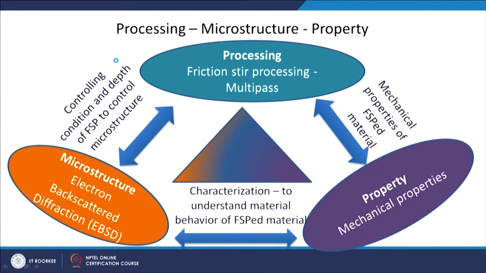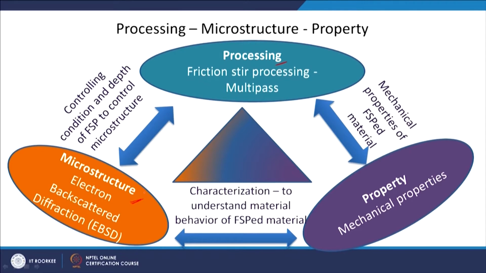So, as true for any other processing method, I just wanted to show you this particular kind of triangle where the processing, and you can take any processing method here, not only friction stir processing, is connected with the microstructural change, as we saw in ECAP or in other processing methods also.